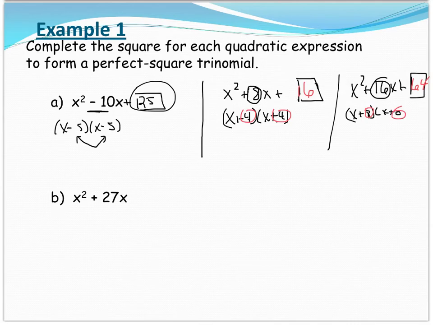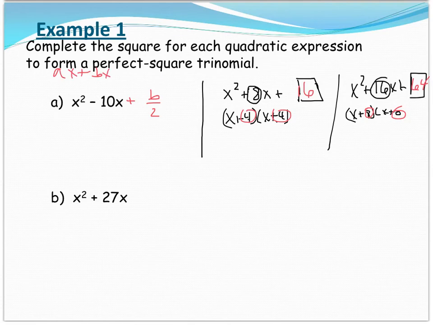The process for completing the square is we take the middle term, which is negative 10 in the example I just erased, and we add in that middle term, which is b, thinking of the standard form for a quadratic.